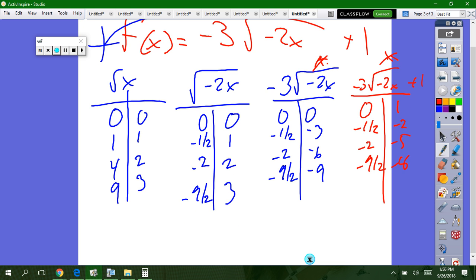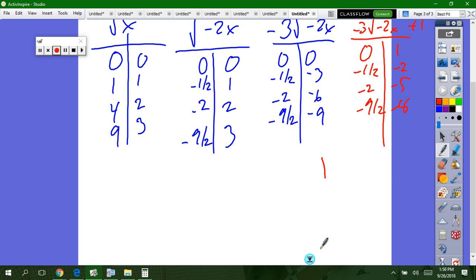So here's my graph. Here's my parent function, by the way. Here's parent. That's what it normally looks like. Here's what I just graphed.